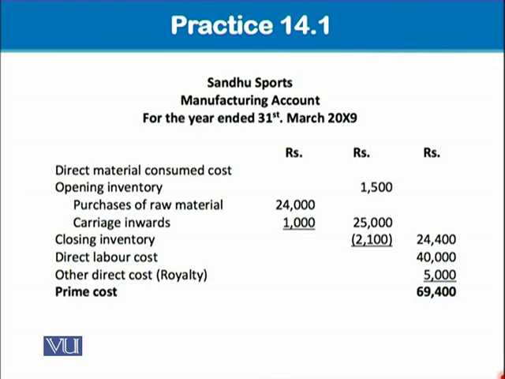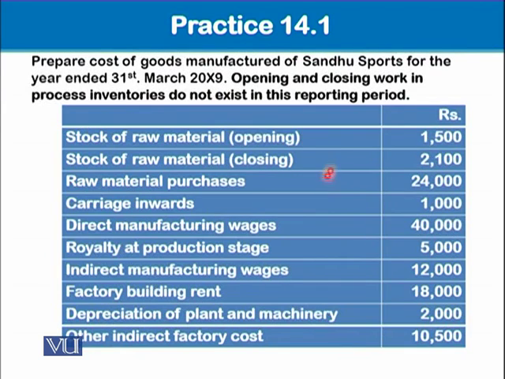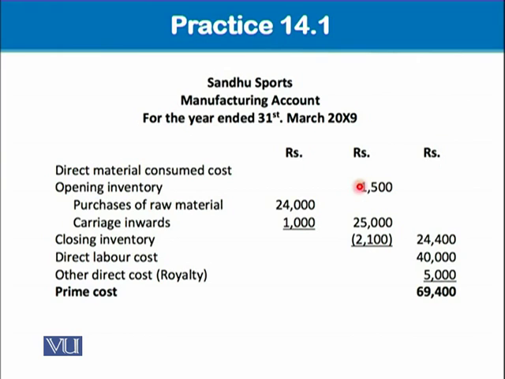Here we go. Sindhu Sports manufacturing account for the year ended 31st March X9. Direct material consumed is the first information that we have to work out. This will be worked out with the help of the opening inventory of direct material, which is 1500. Place it over here.